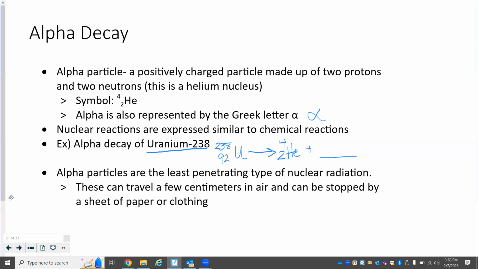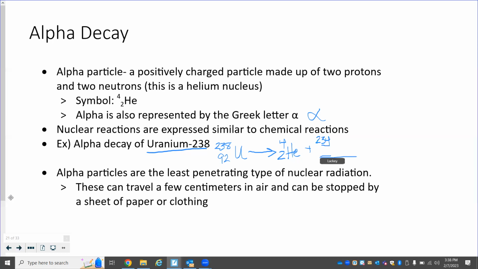So let's look at our mass numbers. We have on the left 238, meaning on the right, our mass numbers need to add up to equal 238. So we're looking at what plus 4 gives us 238. So this unknown mass number has to be 234. We have to do the same thing for the atomic number.